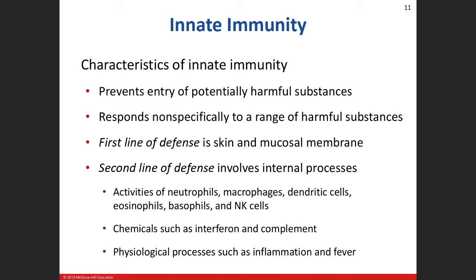All right, so innate immunity. I think I threw this slide up there last time. Oh, no, I didn't. Keep in mind, this is the immunity that you're born with.